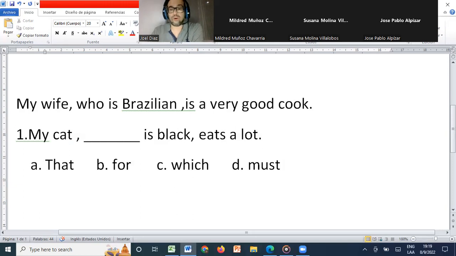So for defining, yes, we talk about essential information, right?